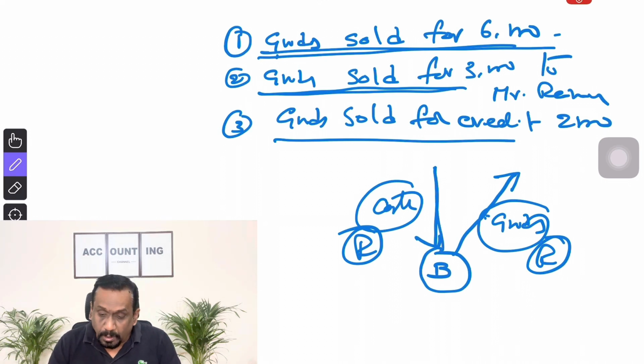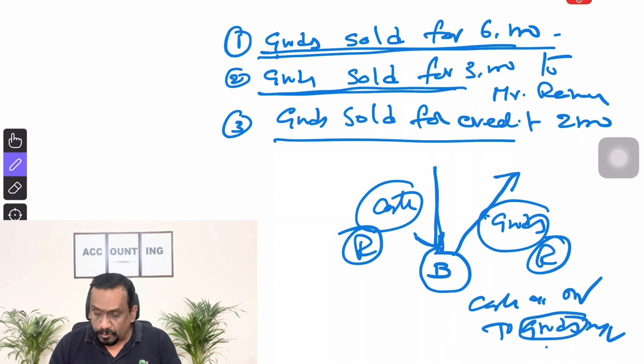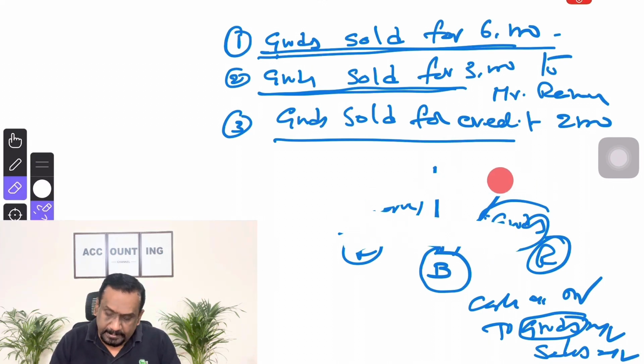So what comes in here? Cash. So you need to debit cash account. What goes out? Goods. Credit what goes out. So to goods account. Instead of goods account, we say sales account. Simple.